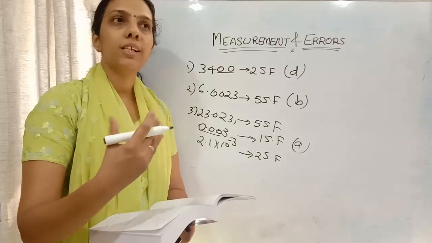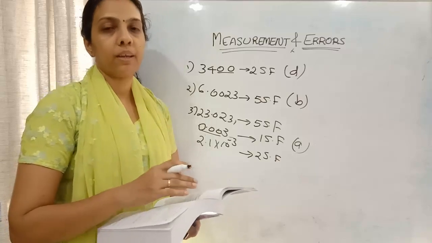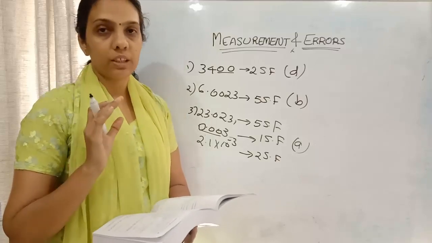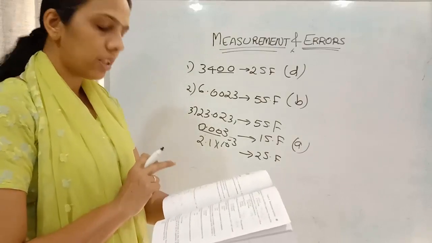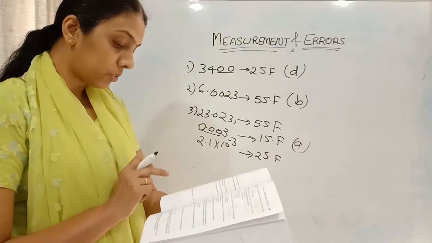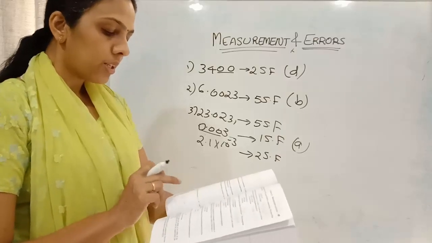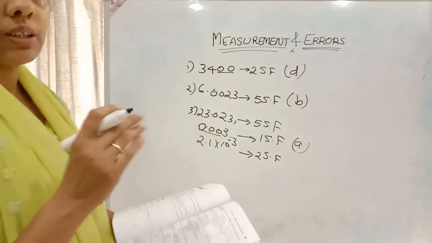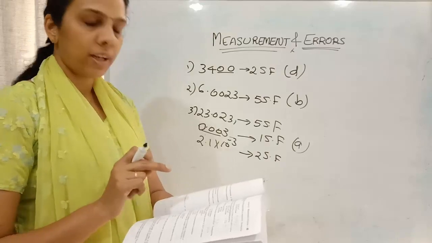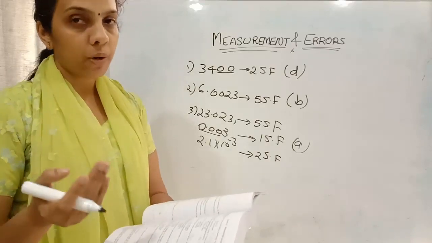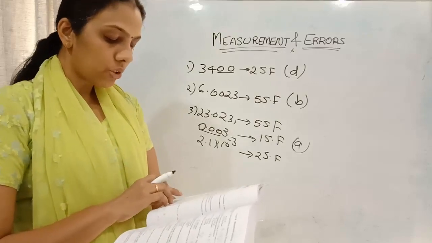So 0.04 means after the decimal point we are getting 2 digits. Here 4.00 into 10 to the power minus 4 also, after the decimal point, it's 2 digits only, right?